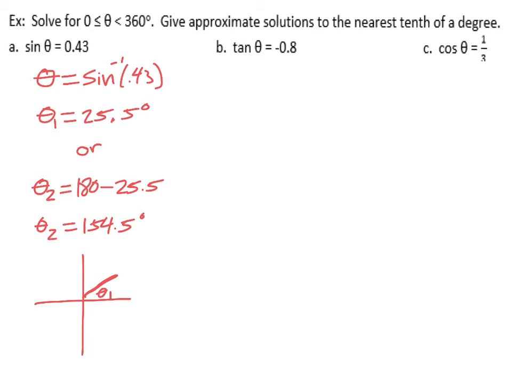It's got a sine value of 0.43. That whole thing would be theta sub 2. There's another angle, 154.5, that has that same sine value of 0.43. Now, I'm not going to draw that diagram out every time, but the reason we're getting two answers, that's what's going on: from 0 to 360 degrees, you'll find two angles that have a sine value of 0.43, okay?